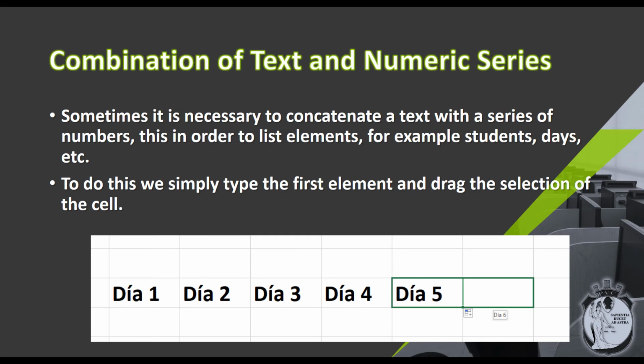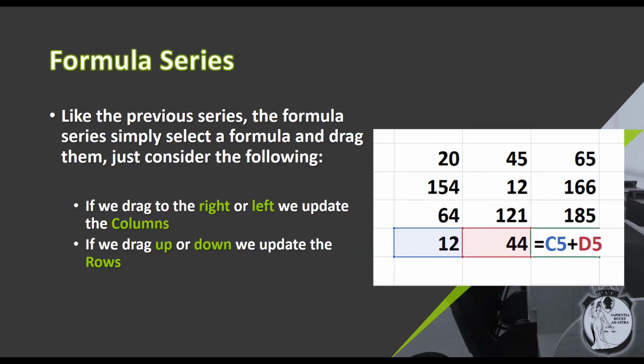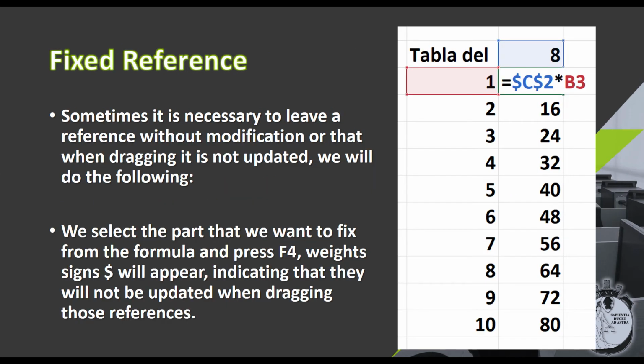Combination formula series. Now we will see the fixed reference. What is a fixed reference? Sometimes it is necessary to leave a reference without modification, so that when dragging it is not updated.